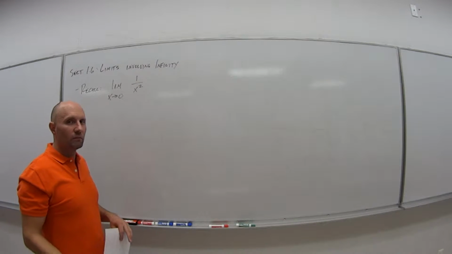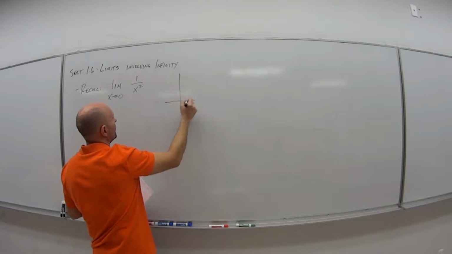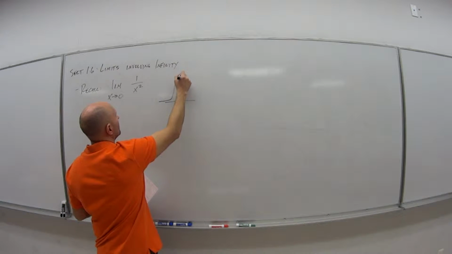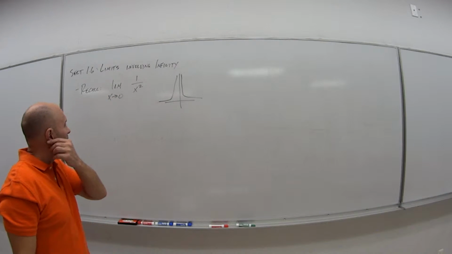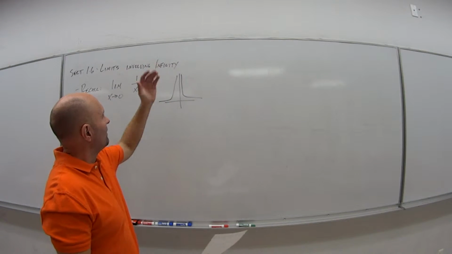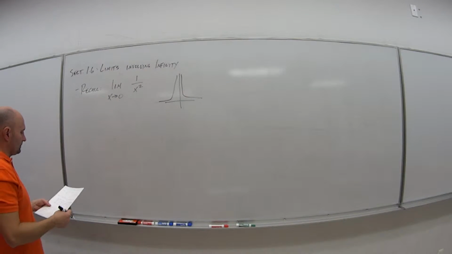We said that this limit did not exist because the picture looked like what? We saw this in the discontinuity as well. So we said it didn't exist because it was heading towards infinity. It never approached a specific value.